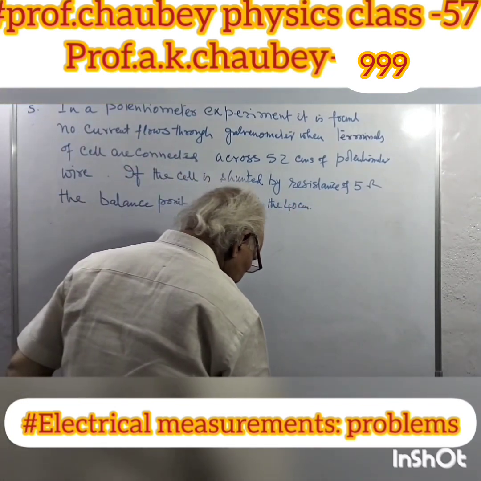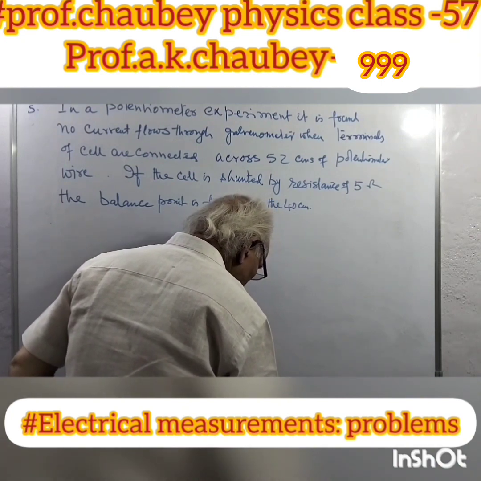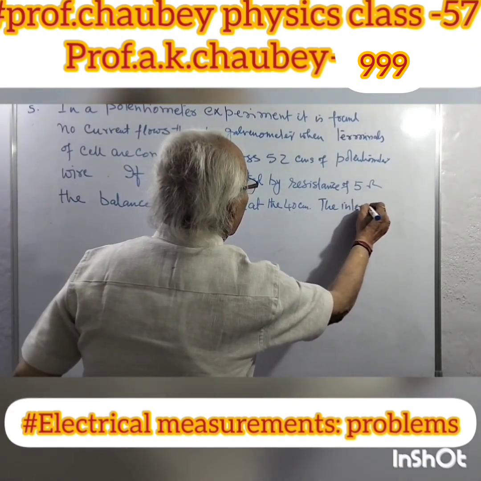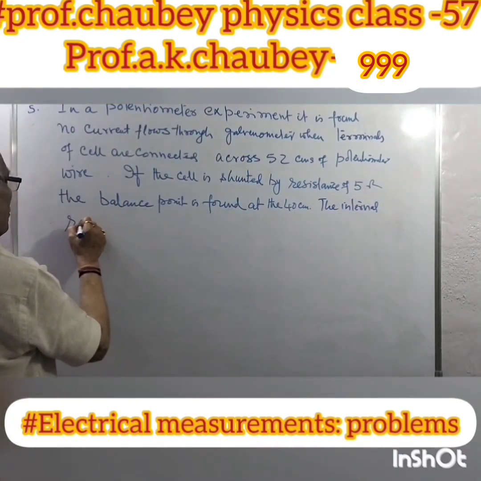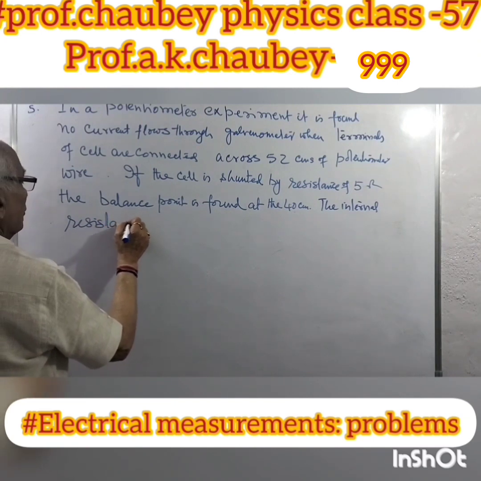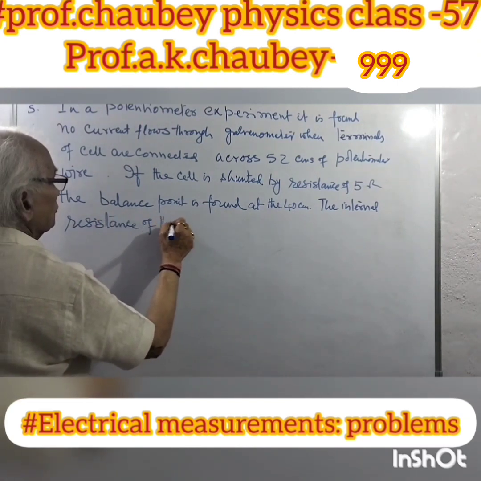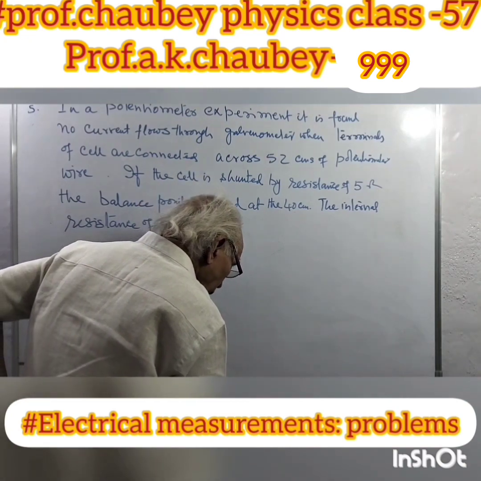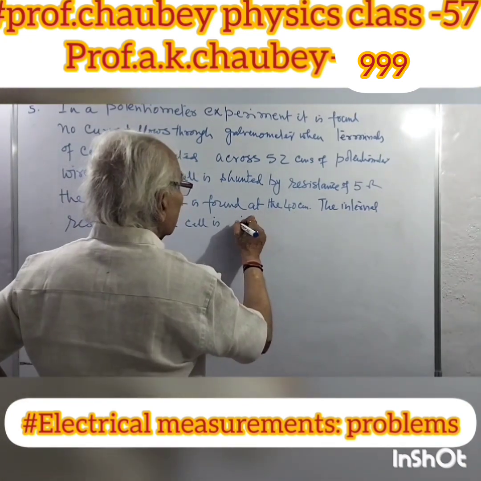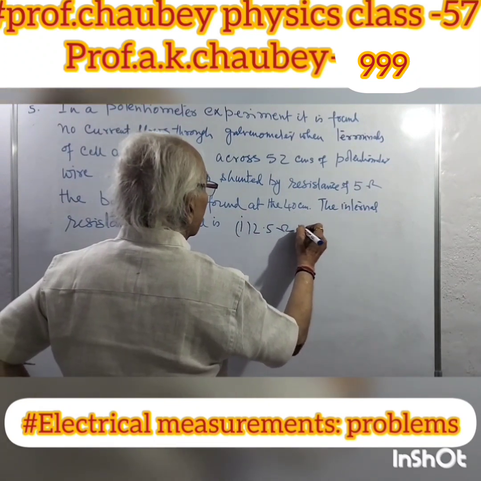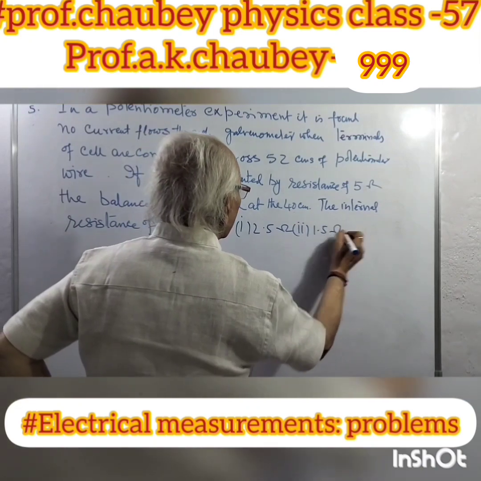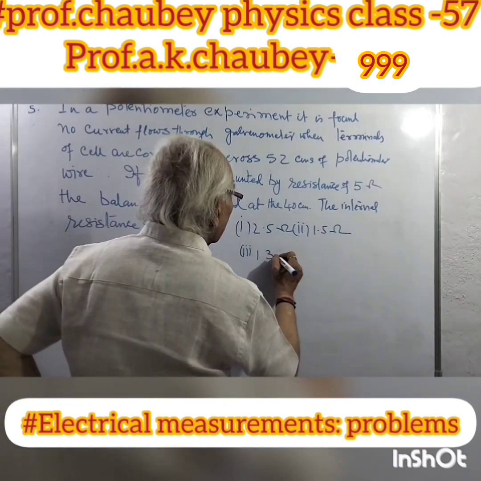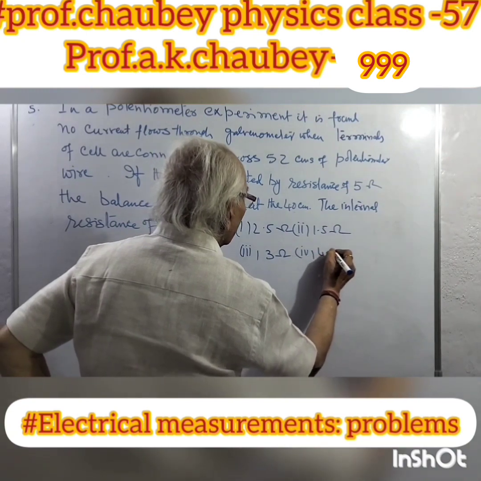At 40 centimeters, the internal resistance of the cell is: 2.5 ohm, 1.5 ohm, 3 ohm, 4.5 ohm.